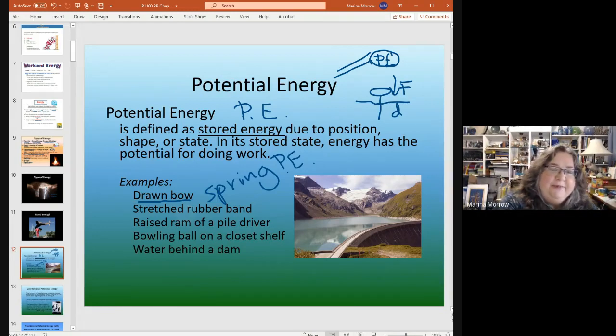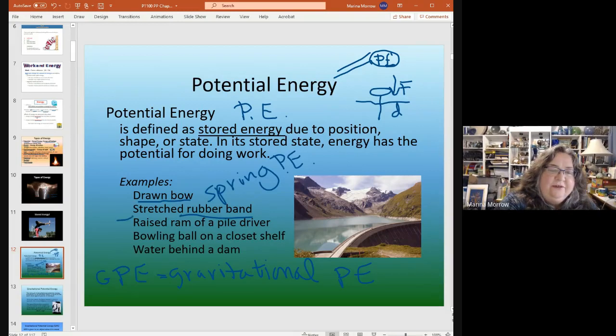So it could be a rubber band, right? But then there is gravitational potential energy, and that's when you lift something up. And since gravitational is a large word, we sometimes put GPE, gravitational potential energy.